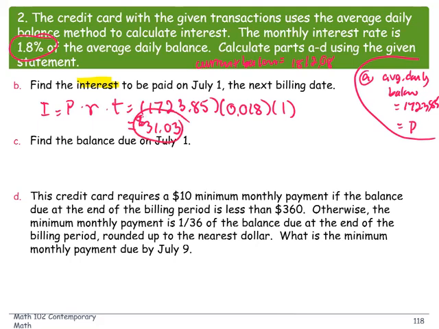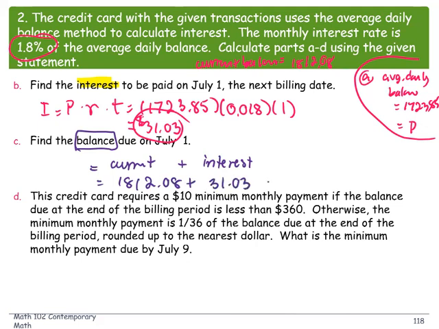Next, we use that to compute the balance due. The balance due is the current balance plus the interest: 1812.08 plus the interest 31.03. So the balance due would be 1843.11.